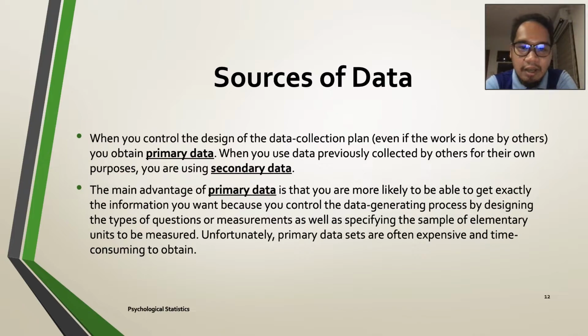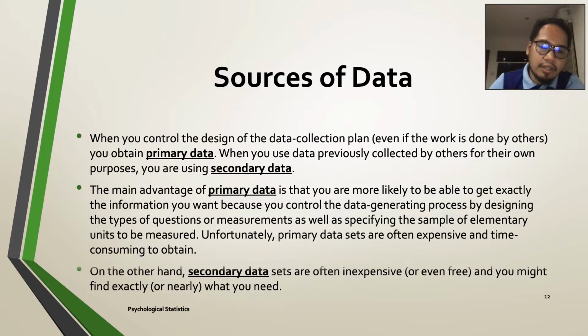Those are all secondary data. And if you want to analyze those data which are given already, we call that secondary data. So more or less, primary data are the ones which are used in theses and dissertations.